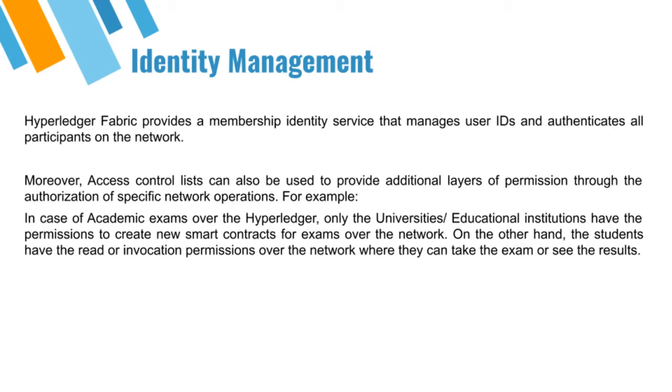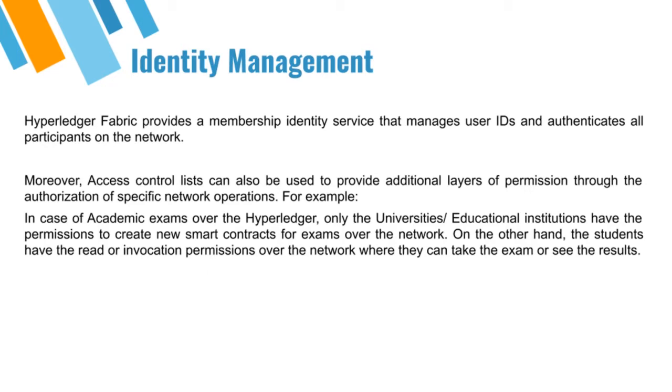This is very similar to your Active Directory or access control list, where you have different layers of secure services or permissions which you can provide to authorize specific users for any kind of operation inside your network. So let's take an example to understand this.